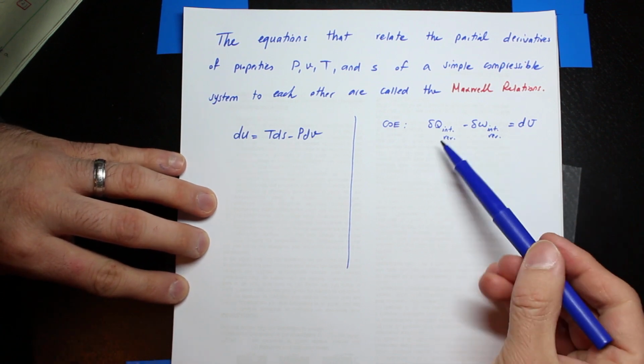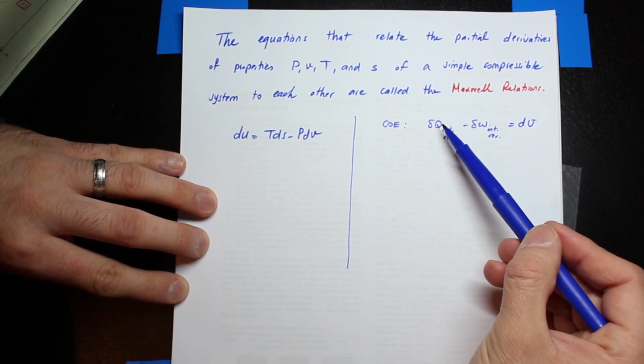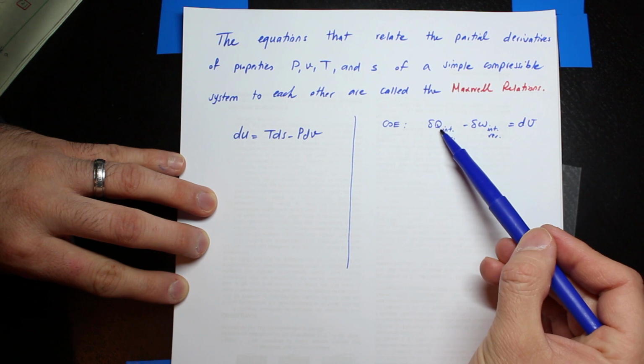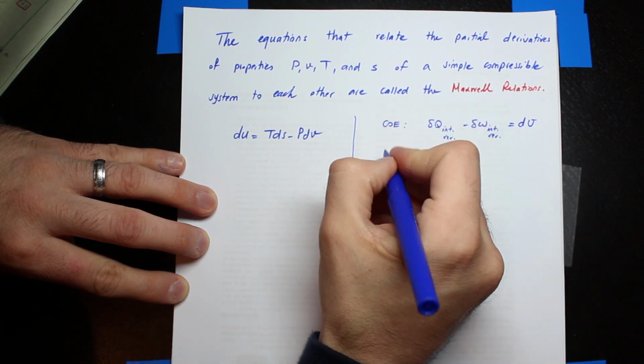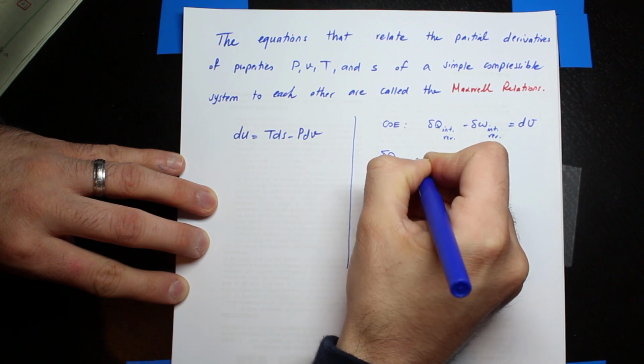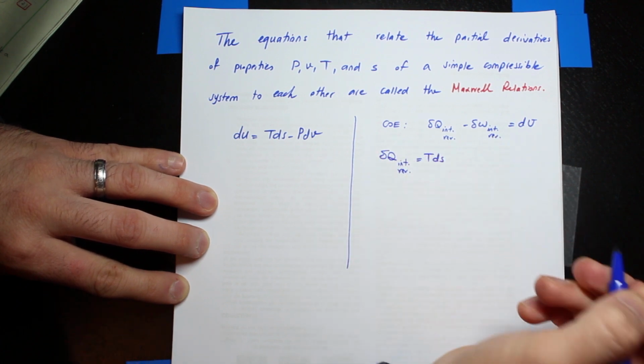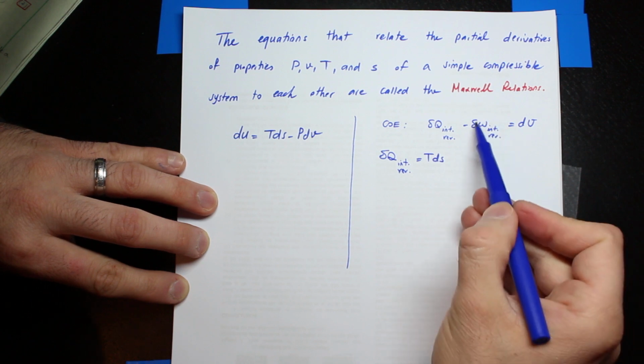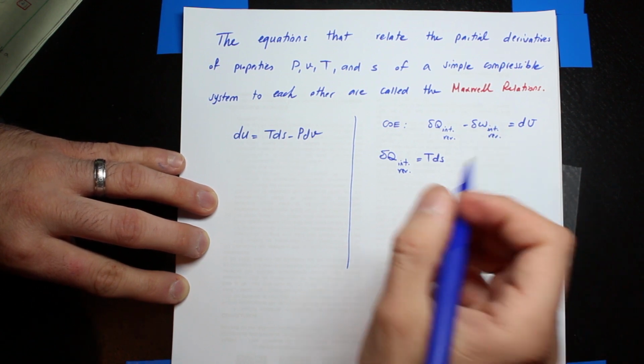Now, I know that in internally reversible condition, delta Q is equal to TdS. So delta Q in an internally reversible condition is equal to TdS. Likewise, this work can be written as PdV.